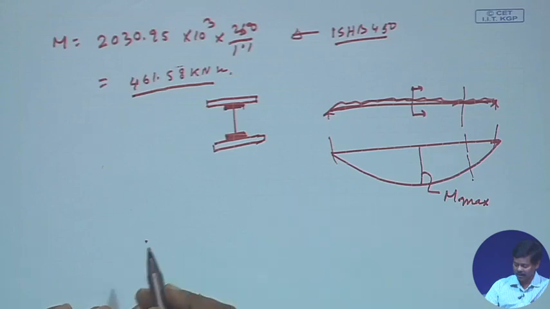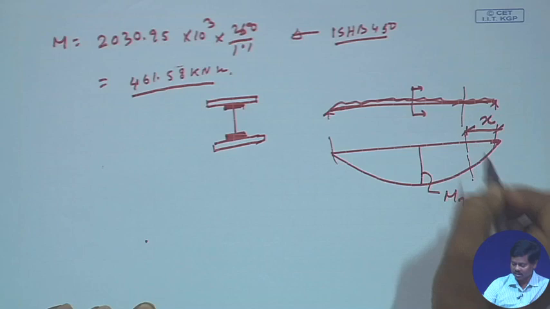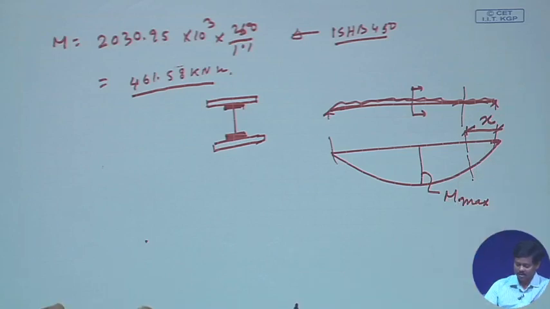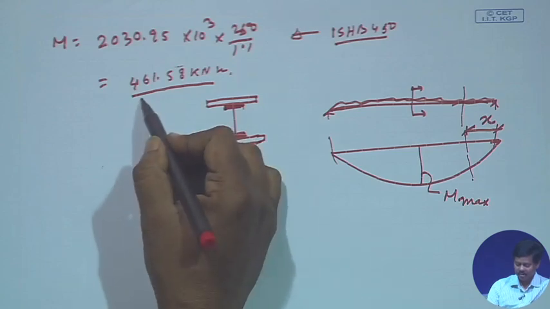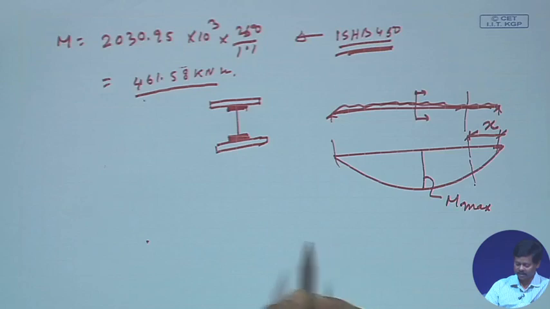So, we can find out at what distance this moment is developing. Up to that we can provide this ISHB section, after that we can provide the plate.